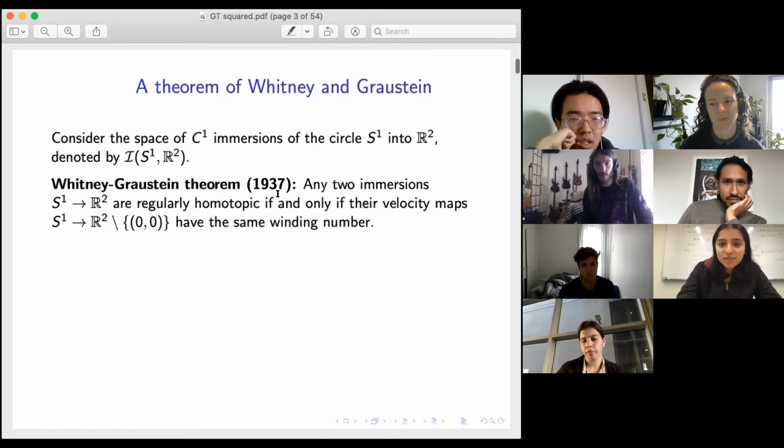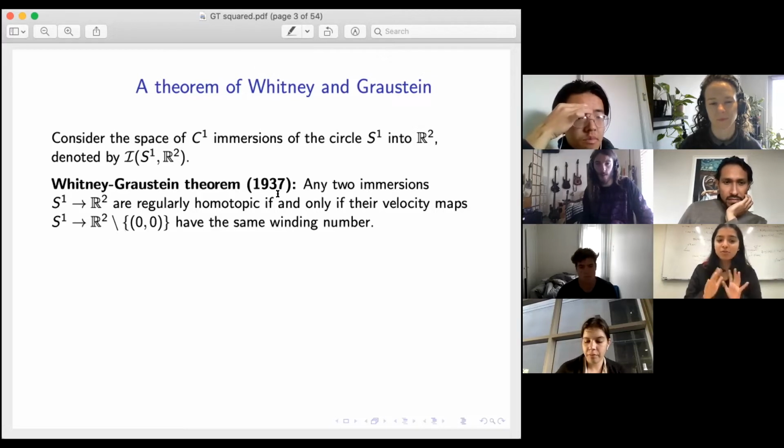So I'll put this up precisely. Any two immersions from the circle into the plane R2, these so-called immersions are maps whose derivative is nowhere zero, are regularly homotopic, meaning homotopic through immersions, if and only if their velocity maps, which are loops in the punctured plane, have the same winding number.